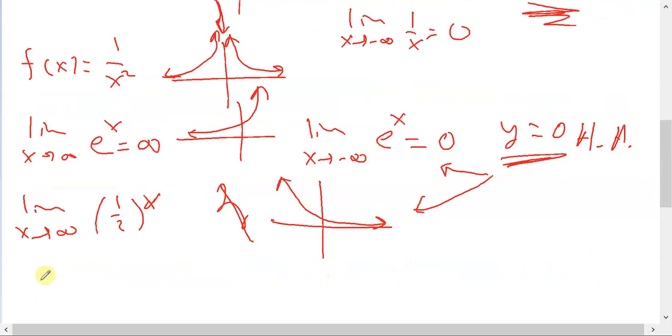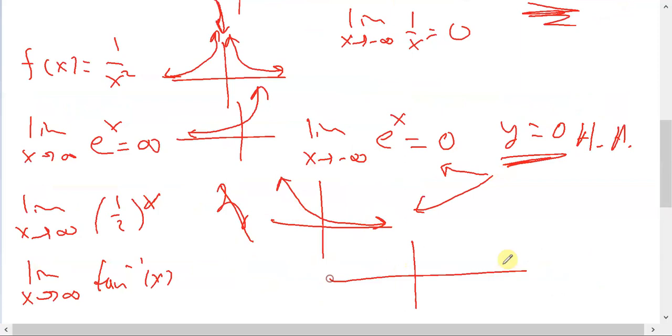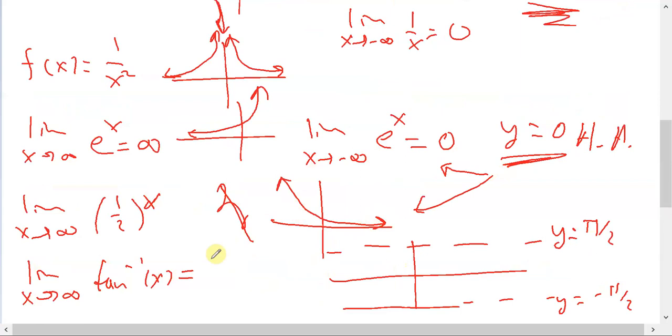But 0 is not the only asymptote that you can have. We can go to infinity for tangent inverse. And based on the graph, tangent inverse, we know, has asymptotes of pi over 2 and minus pi over 2. And so that means this is going to go to pi over 2 if I'm going to infinity.